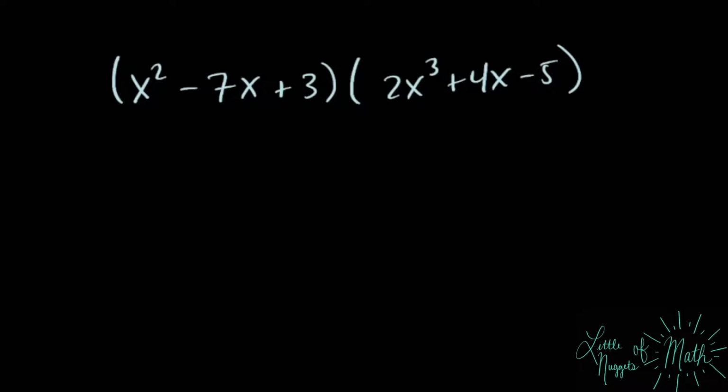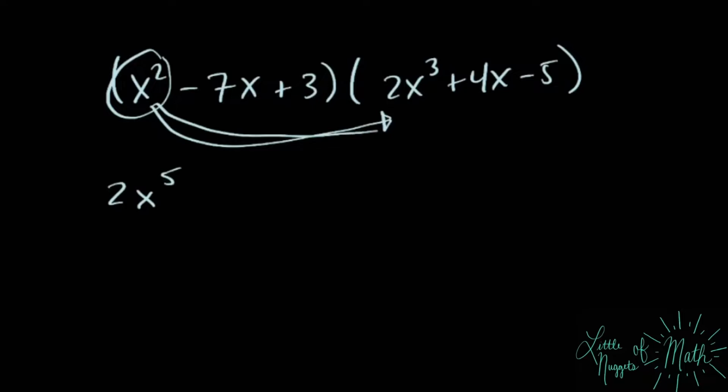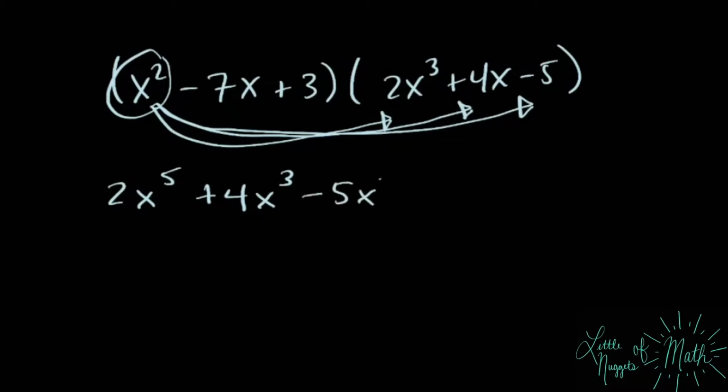We'll start with the first term, x squared, and we'll do x squared times 2x to the third, which is 2x to the fifth. X squared times 4x is 4x to the third. X squared times negative 5 is negative 5x squared, and that takes care of the first term. Now we're going to do the same thing with the negative 7x.